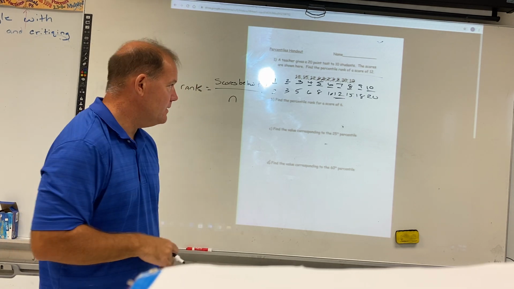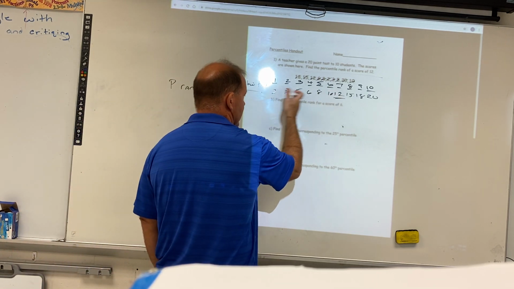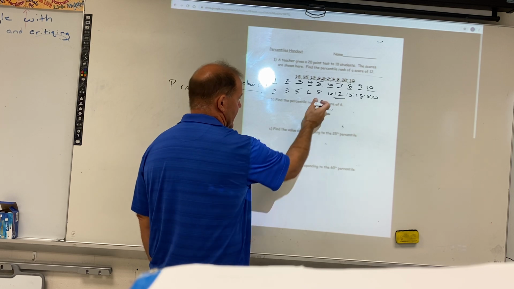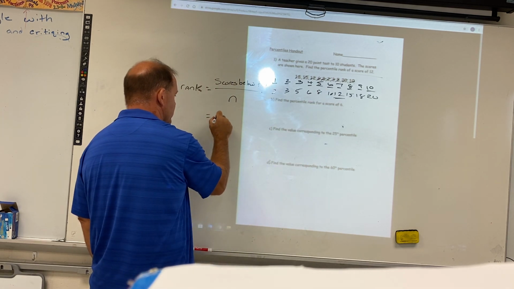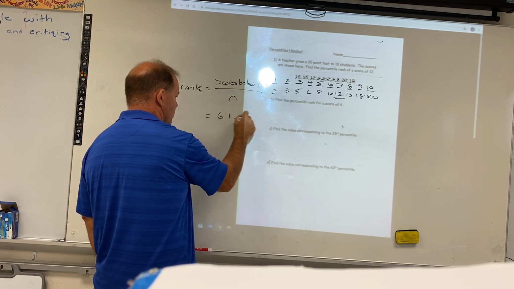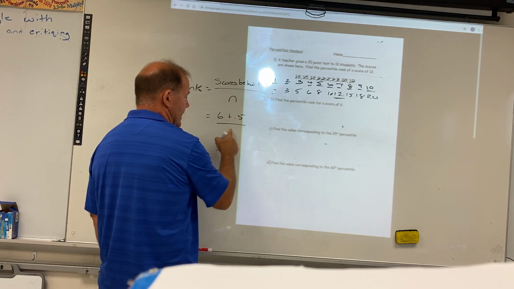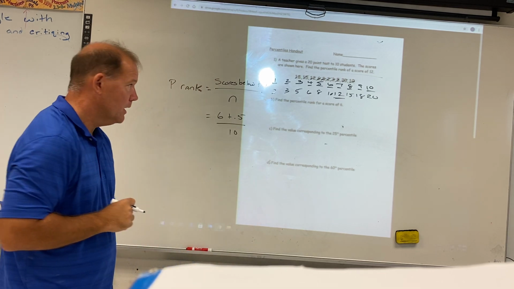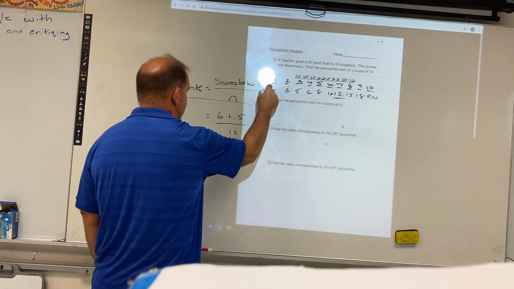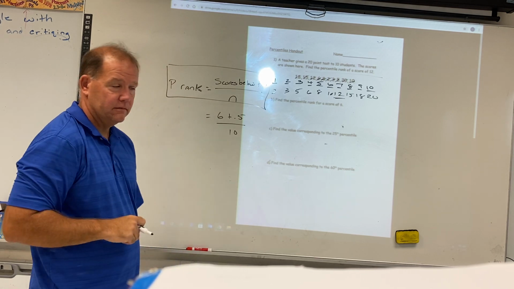How many scores are below 12? We can see there are 6 scores below 12, so 6 plus a half. And what's my sample size? 10 values. This formula is not going to change when we're asked for a percentile rank.